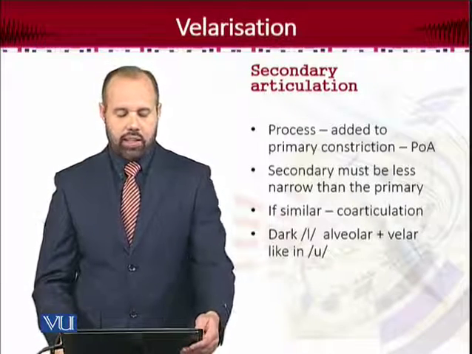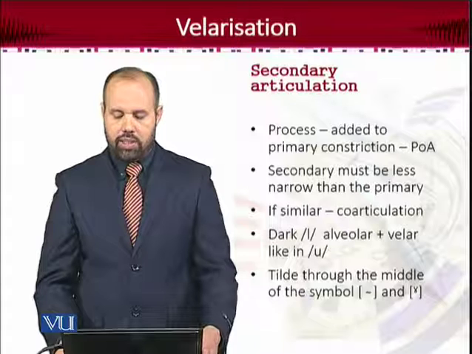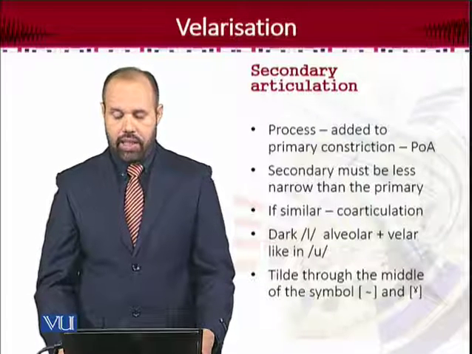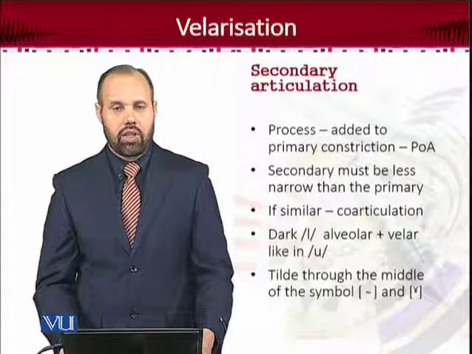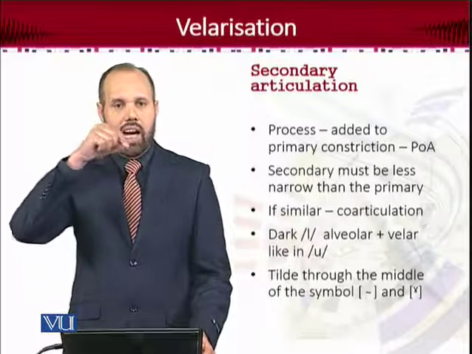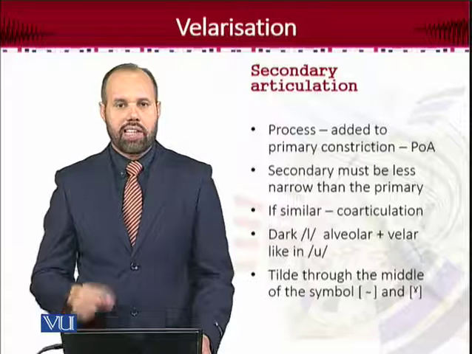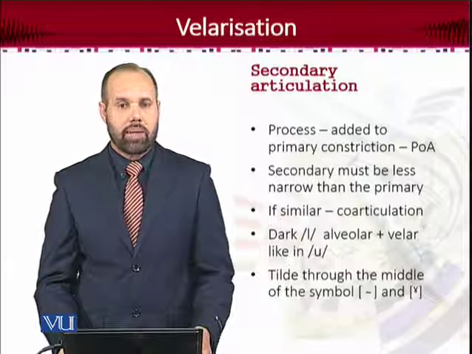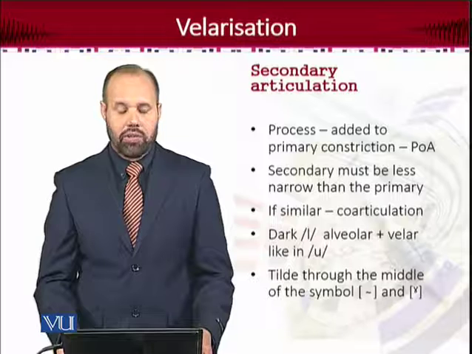So that's why the l sound has become this velarized l, and it is realized in transcription through the small mark of tilde, marked through the segment, like the symbol, right?